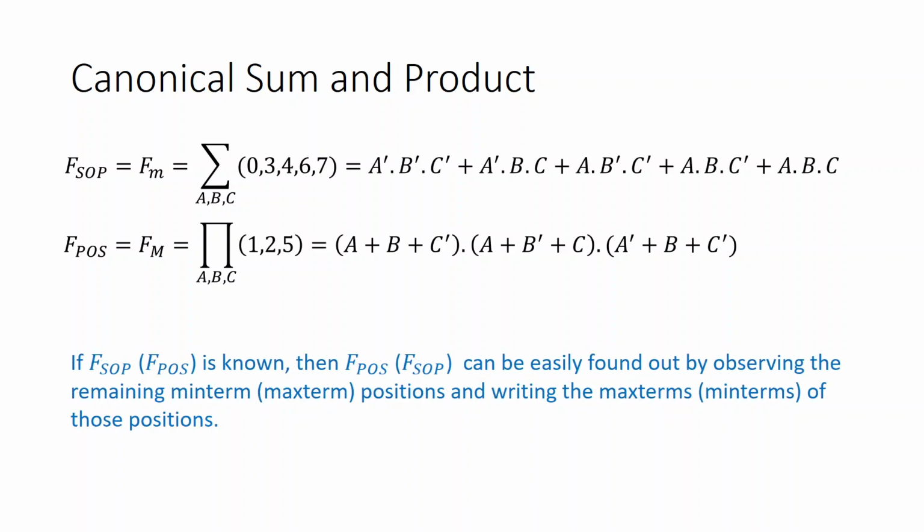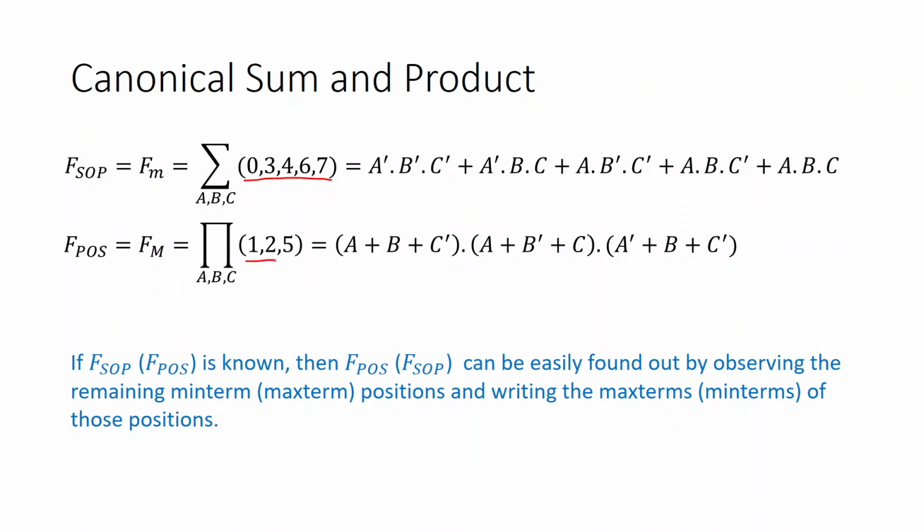It is also true that if the SOP is known, then the POS can be readily found out. How? By observing the remaining min term positions, and writing the max terms of those positions. Suppose here you see this SOP is given. We know that these are the positions where I am getting a 1. That means in the other positions I am getting a 0.